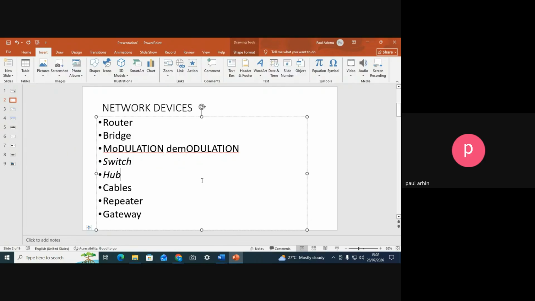That is the nature of what a modem does. And it's only trying to ensure that devices of different signal nature can still communicate. If not, it will be a very difficult task to enable communication between devices or systems that are carrying different types of data.